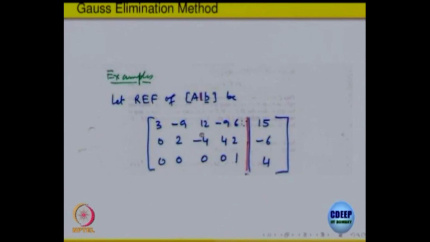I will get a relation between x2, x3 and x4. x3 and x4 are now given arbitrary values. So, x2 is determined in terms of those arbitrary values, by shifting on the right hand side. So, for each value of x3 and x4, you will get a value of x2.